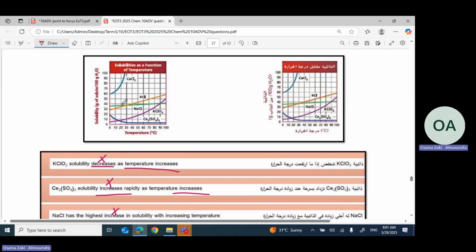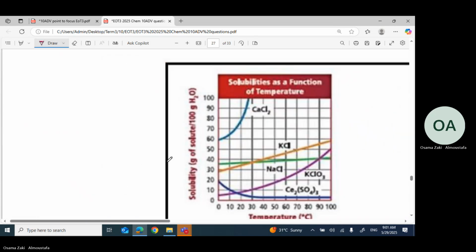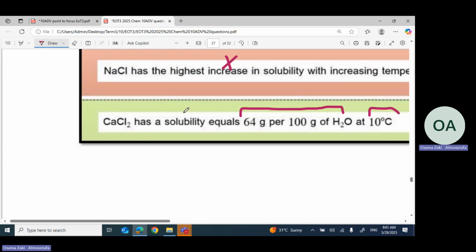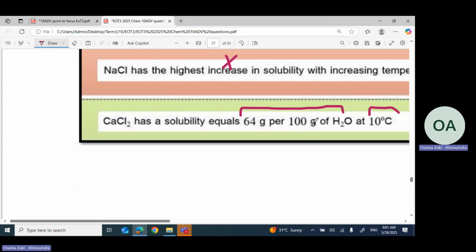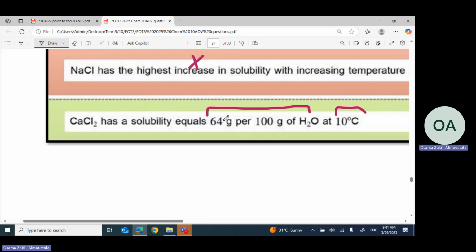This is CaCl2, that's right. Here this is about 64. 64 what? Grams in 100 grams of water. So this is 64 grams in 100 grams of water, at 10.